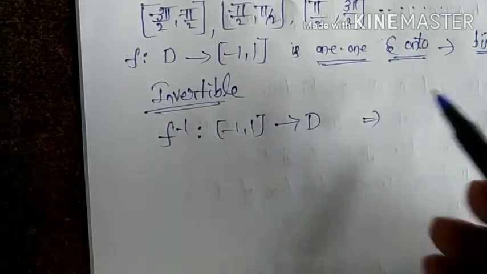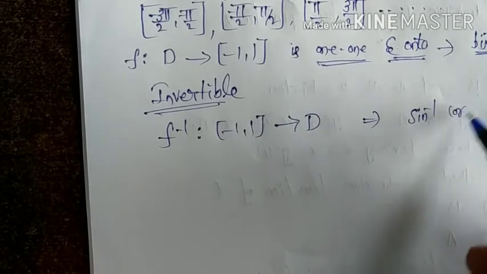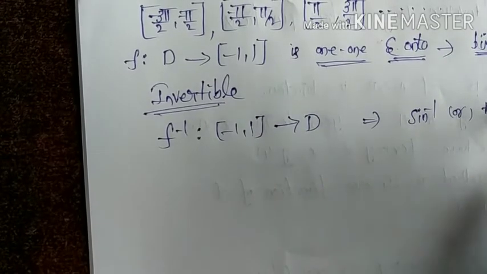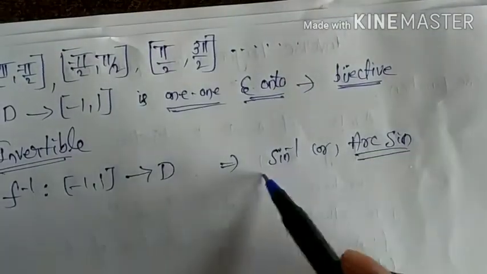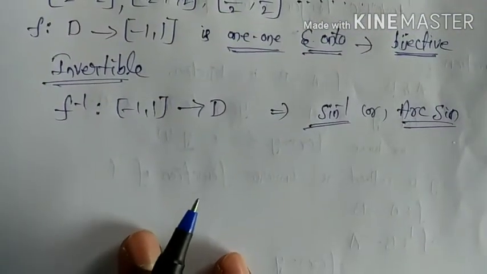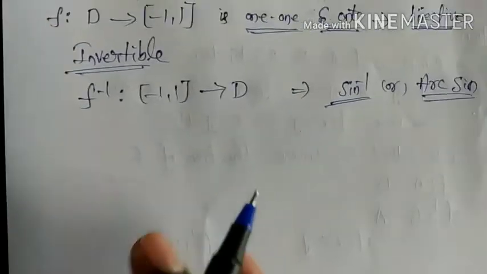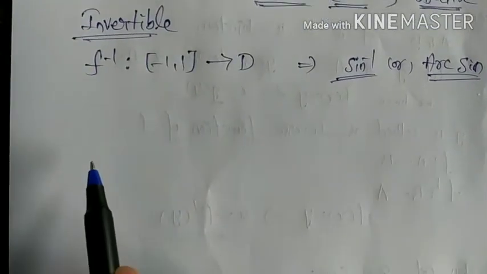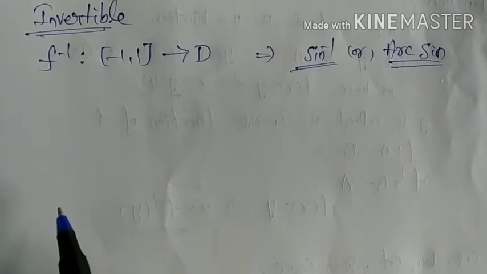Now the inverse of sine function is sine inverse, or arc sine function. Generally we use this symbol. So now let's see the graph of the sine inverse function. Based on the sine function you can draw the sine inverse function. First let's see the sine function.